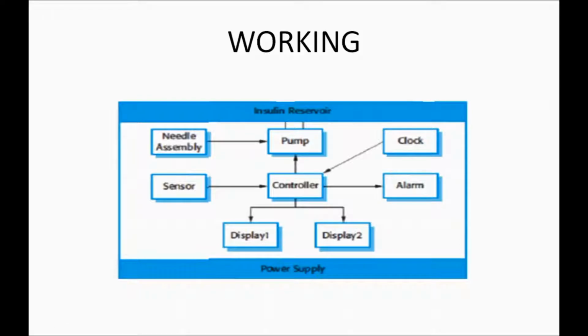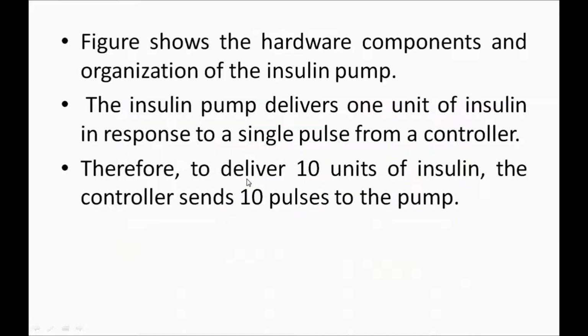So how it works is very simple, right? You can see here, we will see this now. See here. The figure shows the hardware components. You know that the insulin pump delivers 1 unit of insulin in response to a single pulse from a controller. Therefore, to deliver 10 units of insulin, the controller sends 10 pulses to the pump.